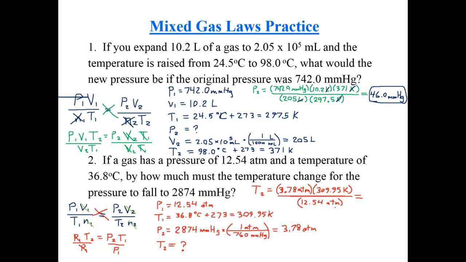I'm actually confirming. I realize I can't trust you guys anymore. So I get 93.4 degrees Kelvin. What do you think, Ethan? Is that the right answer? Yeah, that's what I got. Cool. Do you agree? What do you say, sir? Is that the right answer?